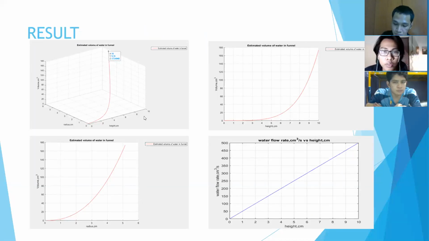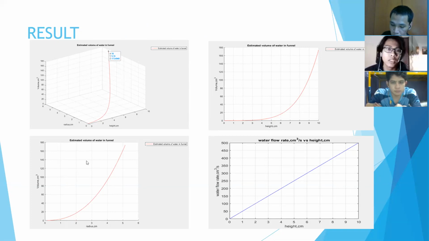So here we have four pictures. This picture is for the 3D view, and these pictures are the side view from the 3D view, the side view from height, and the side view from radius.